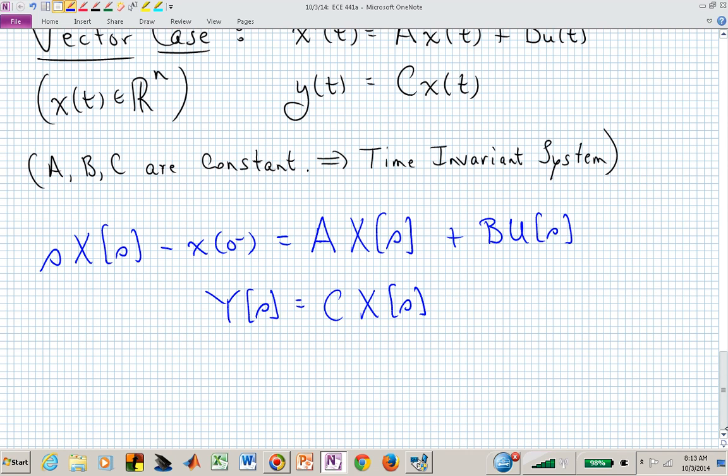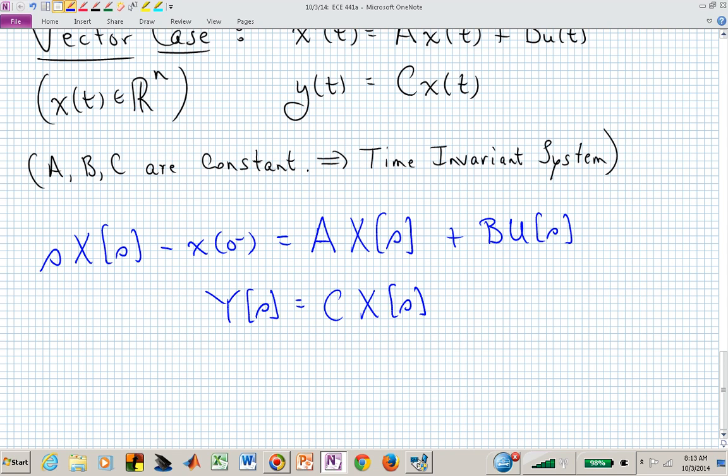Now the main thing that differs from the scalar case, to solve for capital X of s, is that we have a scalar frequency variable s. This is just a complex number, a frequency, but it's multiplying a vector. We would like to factor or combine this term, X of s, with matrix A. And A is a matrix, it's square.